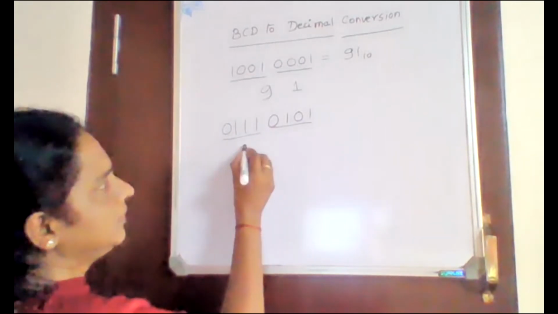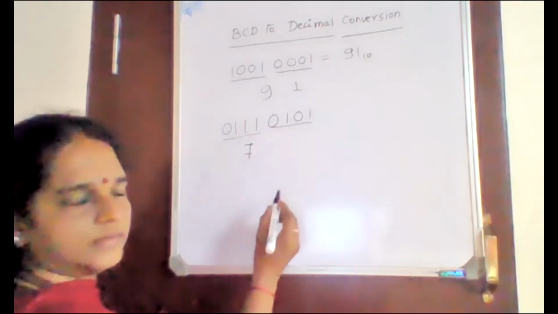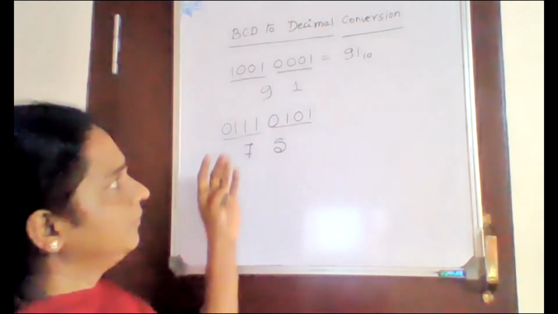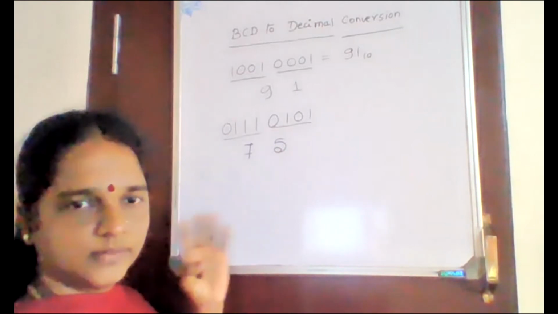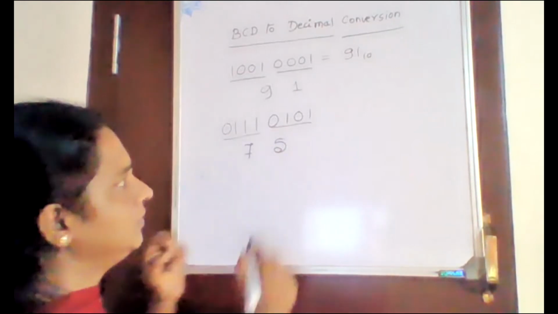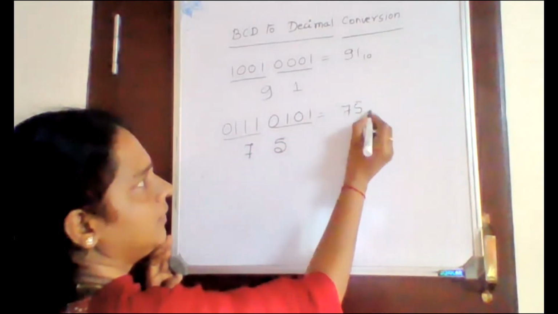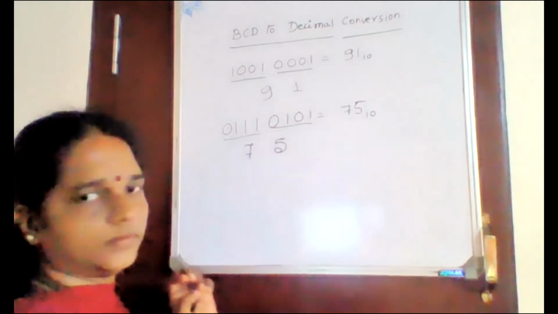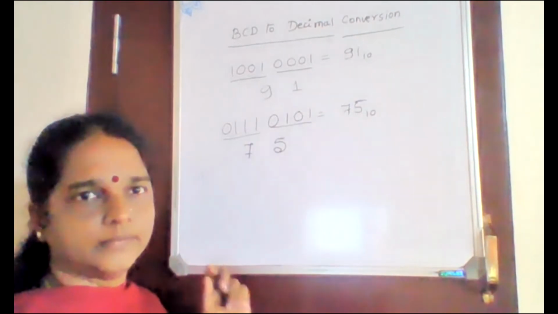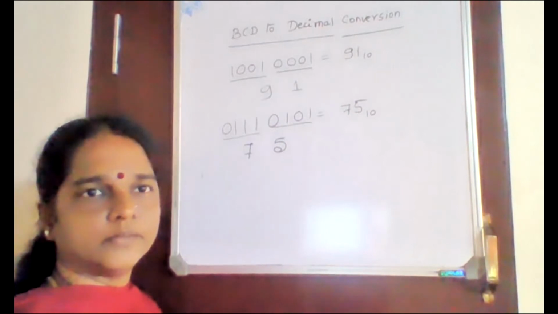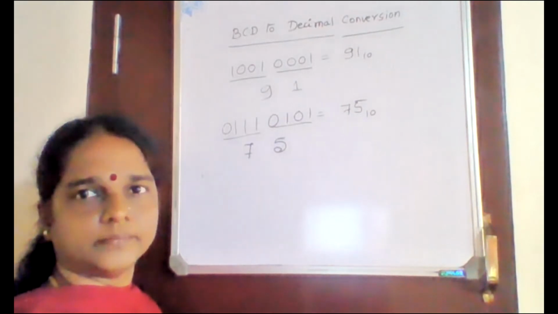This is nothing but 7 and this is nothing but 5. You should be familiar with the binary sequence, then only you can write the values easily. So the value of this is 75 base 10. This is how we can convert BCD numbers to decimal numbers.